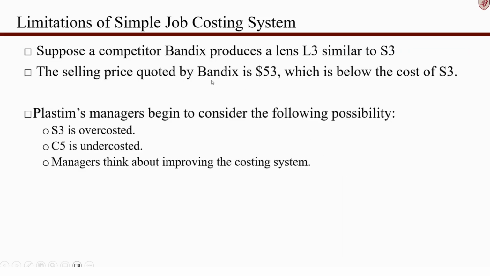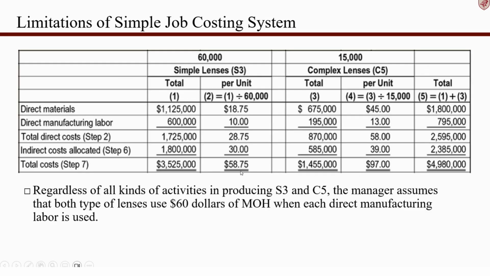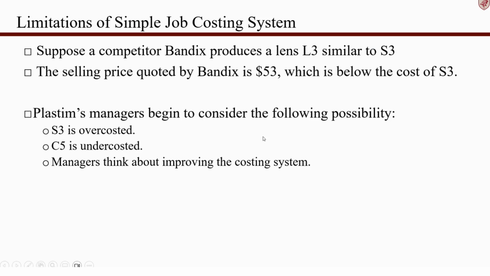But then let's say there is a competitor called Bendix, and Bendix produces a lens that is quite similar to the simple lens, called L3. And the selling price of Bendix for L3 is $53, right? If you compare that with the cost of S3, $58.75, it's much below the cost.